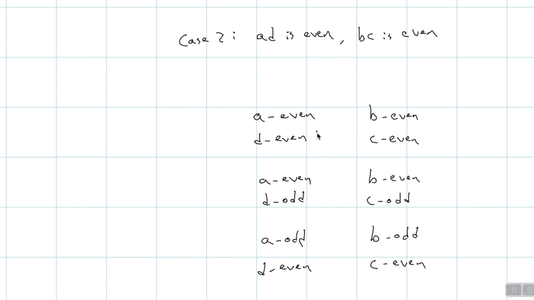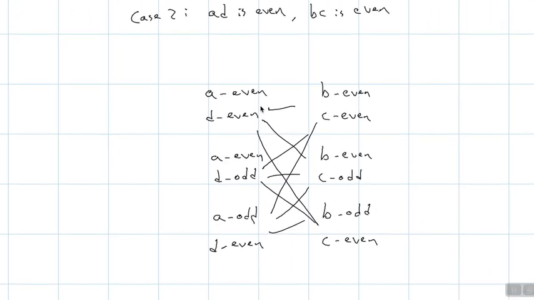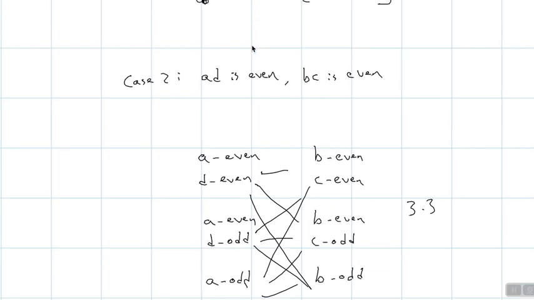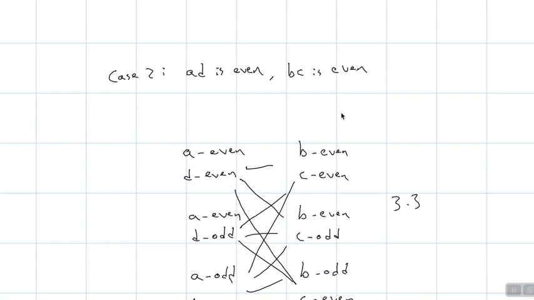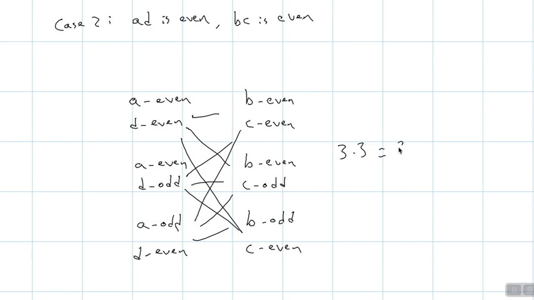So you could pick this AD pairs with that BC, or that BC, and same thing, this pairs with that, and that, or this pairs with that, and that. And we find that since there are three ways to pick this and three ways to pick that, the number of ways in which AD can be even and BC can also be even is going to be 9. There are 9 ways.